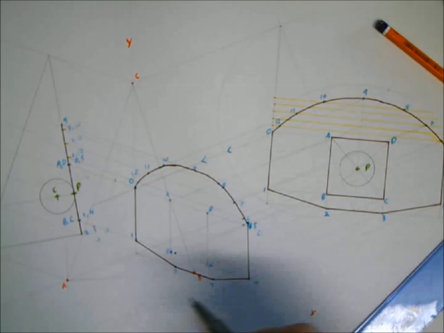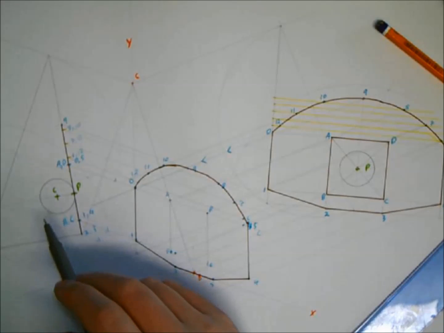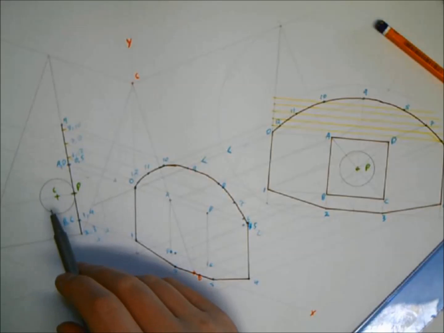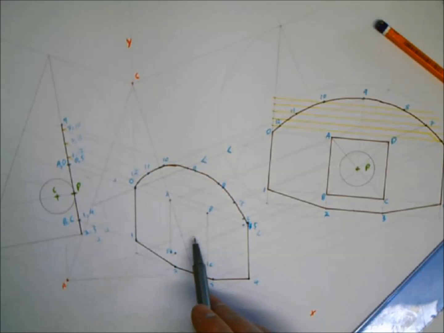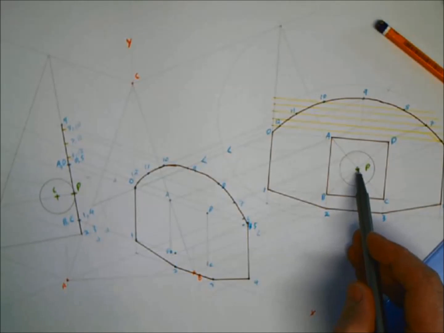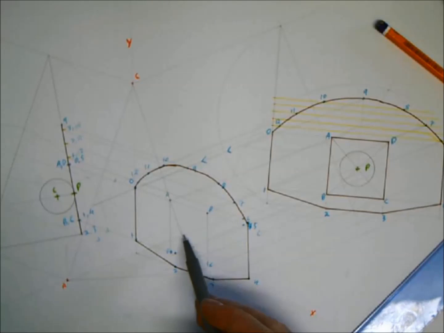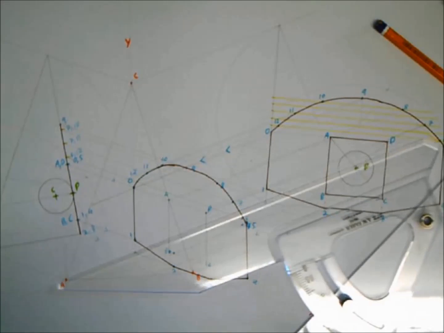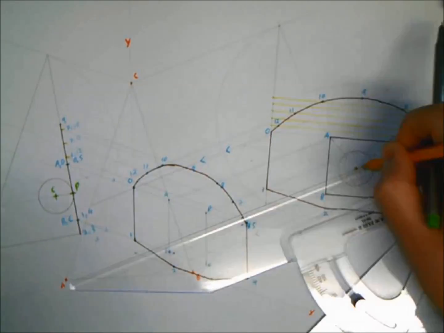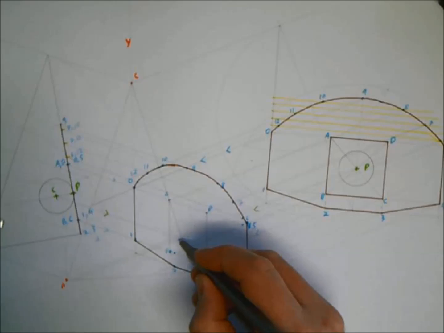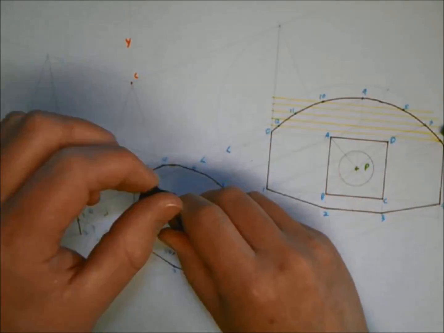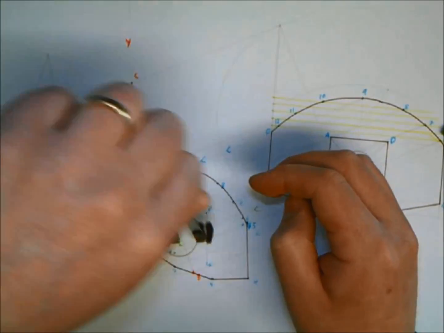The reason the center is so important is because spheres will always be proper circles in axonometric. So if we bring the center point down to the axonometric view, bring the center, which is point P, down from the elevation, that'll give you the center here, drawing your radius 12.